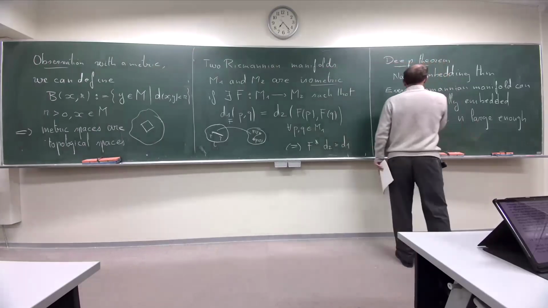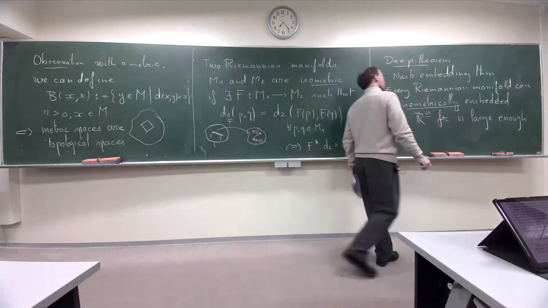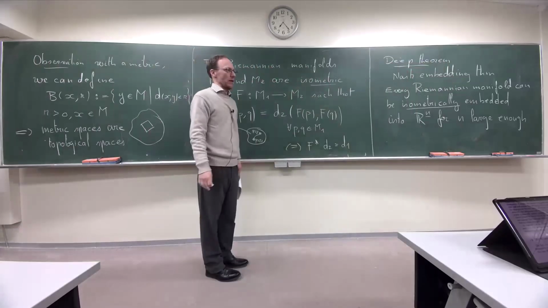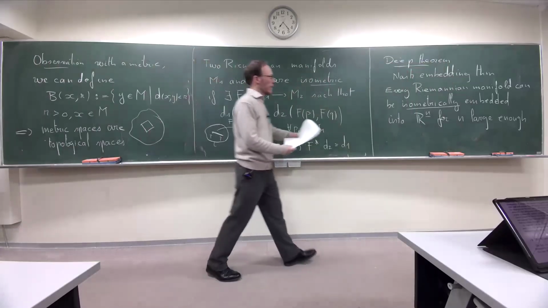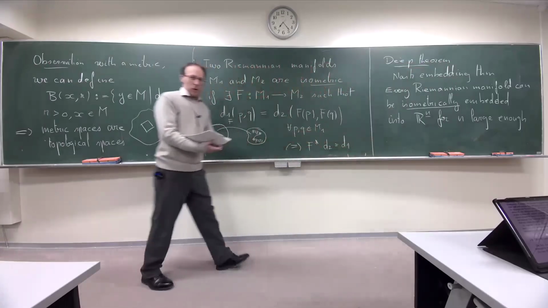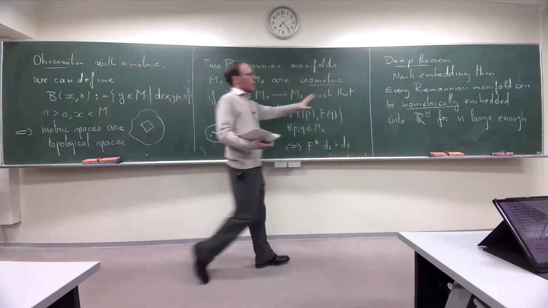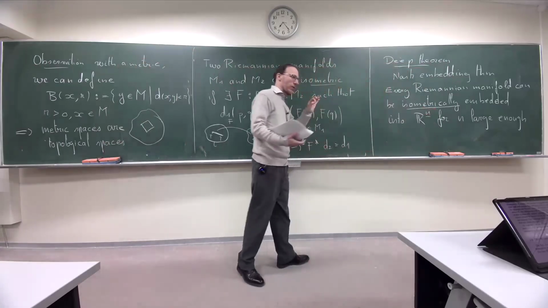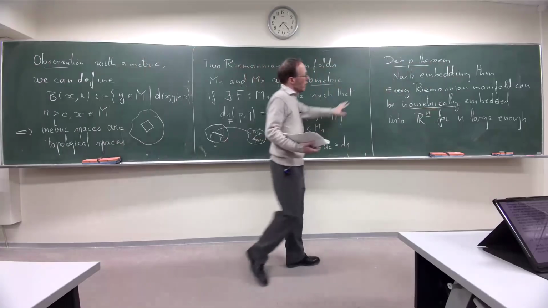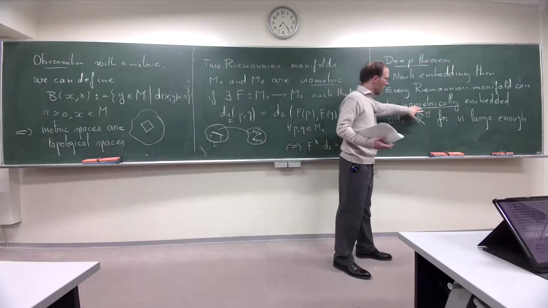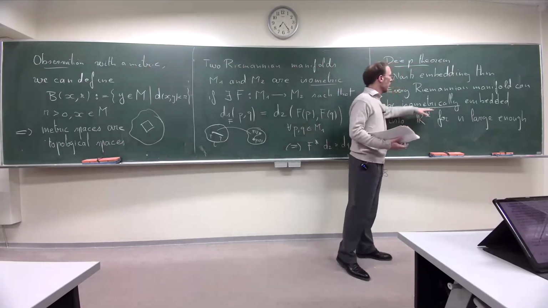And this embedding is isometric, which means the distance in the original manifold is preserved on its image. As I said, it's not at all easy. But at least you can understand: we know what an embedding is, we know what isometric means, it preserves the distance between every point, and every Riemannian manifold can be put in a big space Rn isometrically.